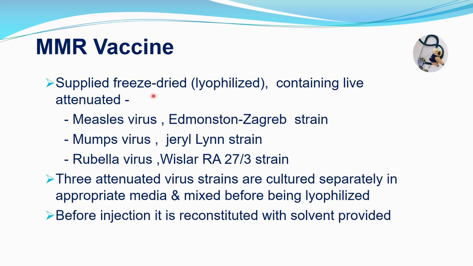It is supplied freeze-dried, lyophilized, containing live attenuated measles virus with the Edmonston-Zagreb strain, mumps virus, Jeryl Lynn strain, and rubella virus Wistar RA27/3 strain. These 3 attenuated virus strains are cultured separately in appropriate media and then mixed before being lyophilized. Before injection, it should be reconstituted with the solvent which is provided along with the vaccine.